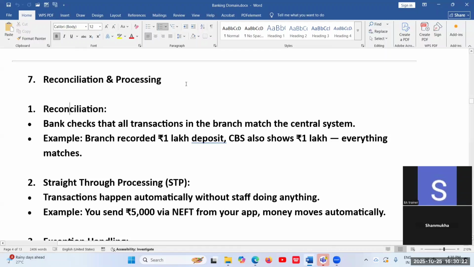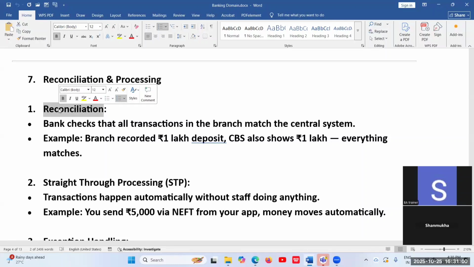The bank teller now compares what transaction or deposit has been done by the customer versus what exactly the system is displaying. This cross comparison is nothing but reconciliation. Reconciliation means cross verifying the customer transaction or deposit against the bank system, which is our core banking system.